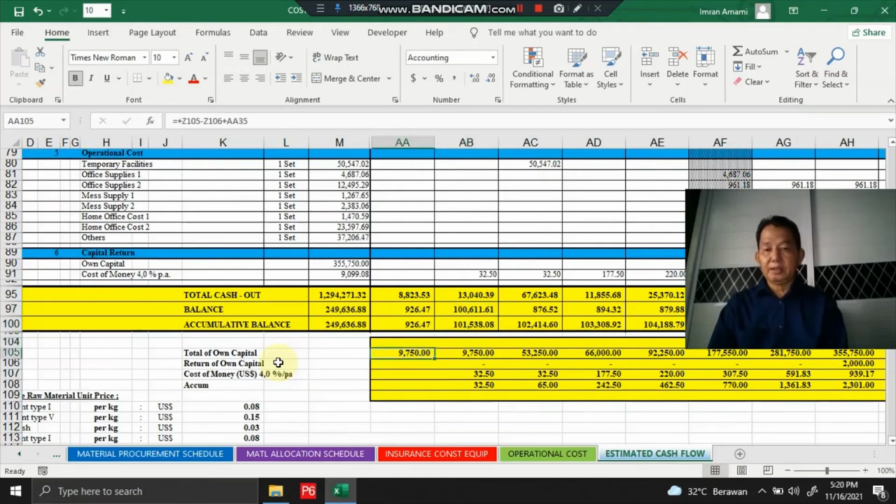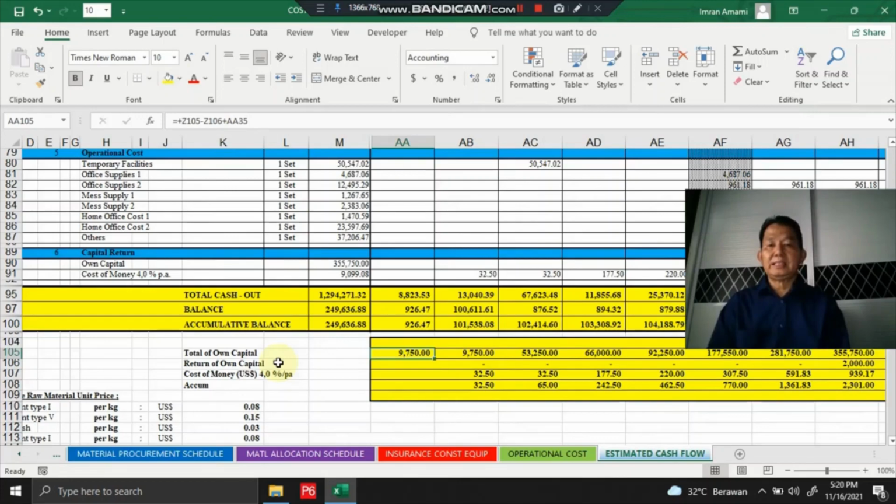And this is the space for the calculation of the cost of money. I already made a formula therein.